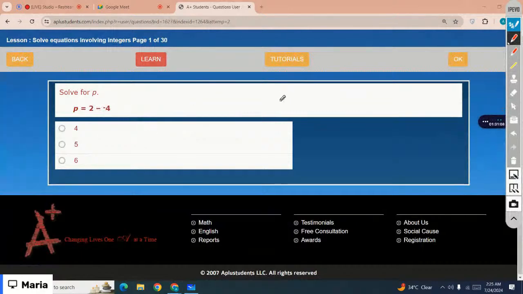Subtracting a negative integer is the same as adding. So 2 plus 4 is 6. So the correct option is 6.